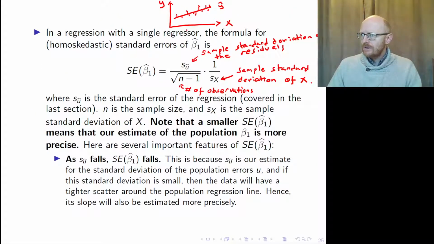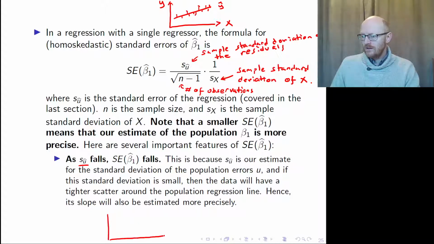We have some features of this standard error. As the sample standard deviation of the residuals, the s u hat, falls, the standard error of the slope falls.